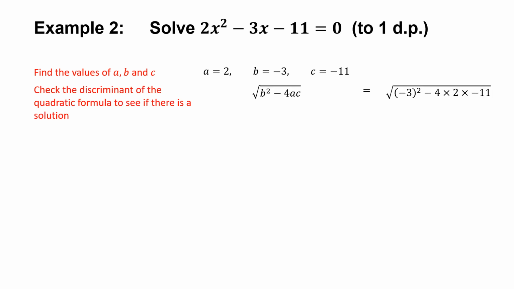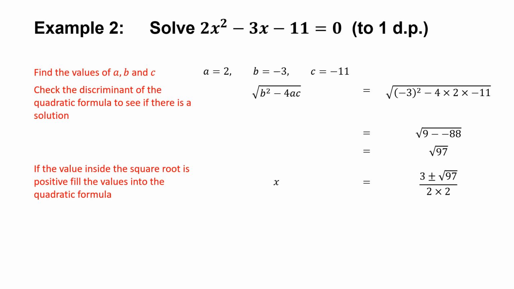So b squared minus 4ac, this is going to be minus 3 squared minus 4 times 2 times minus 11. When we simplify this, we get 9 plus 88, which is the square root of 97. Again, this is greater than 0, which means we're going to have two solutions.